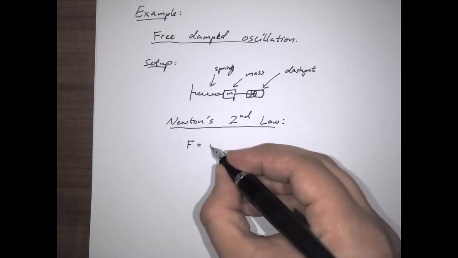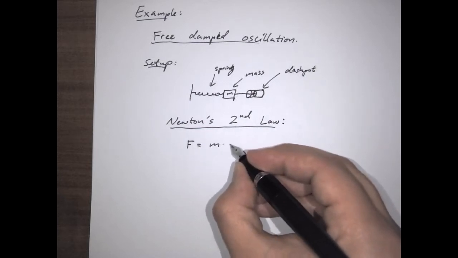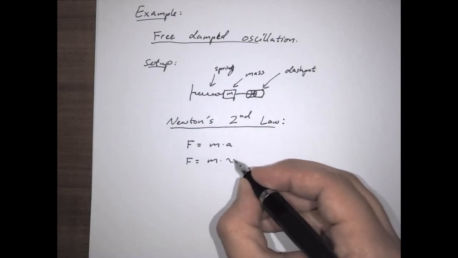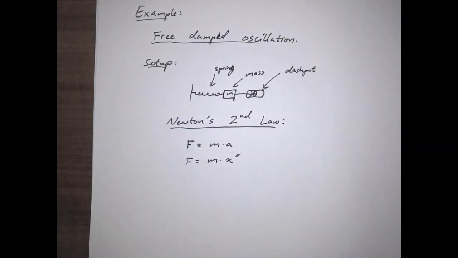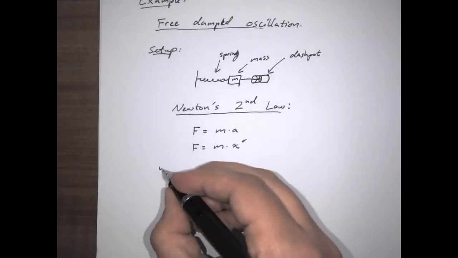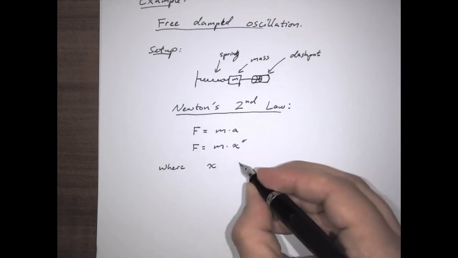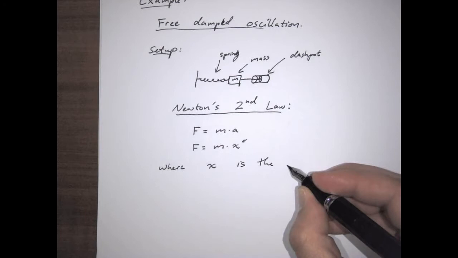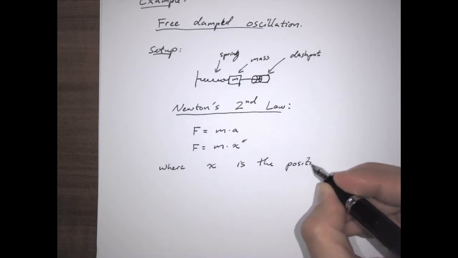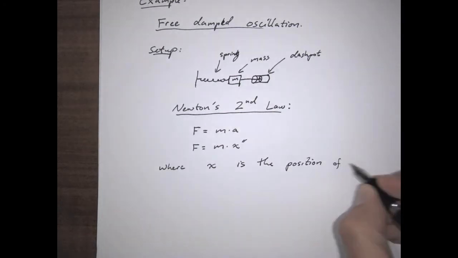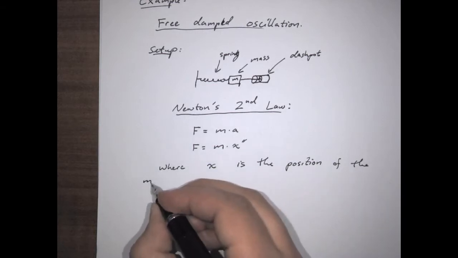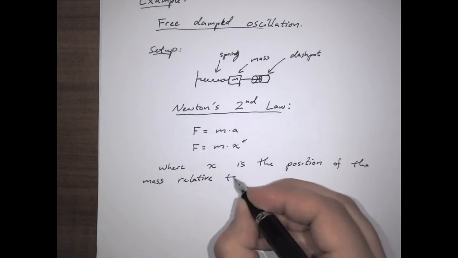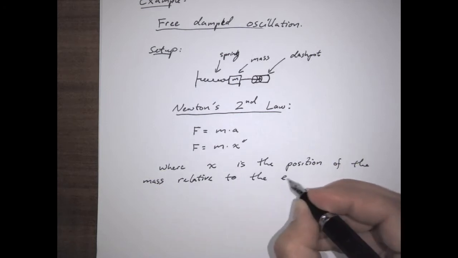So force equals mass times acceleration, which in this case would be mass times x double prime, where x is the position of the mass relative to the equilibrium of the spring.